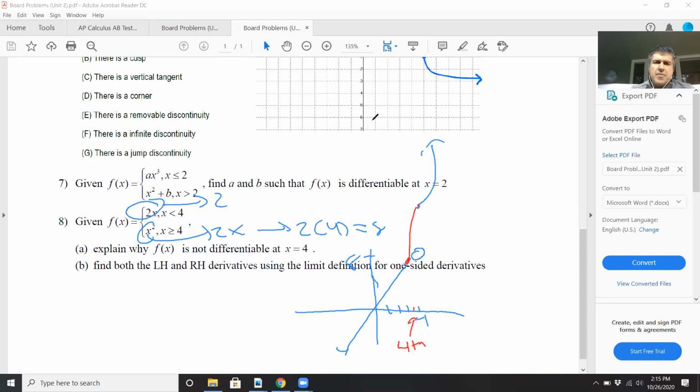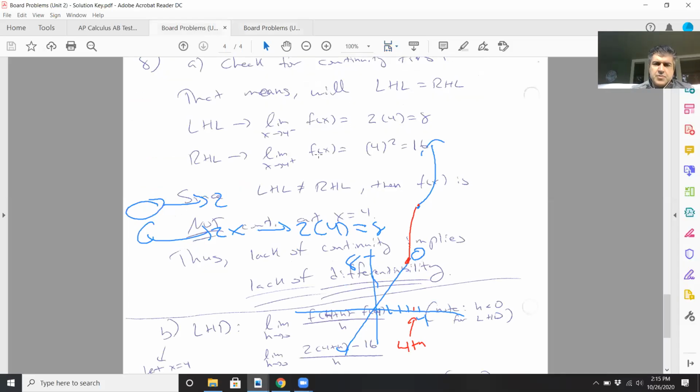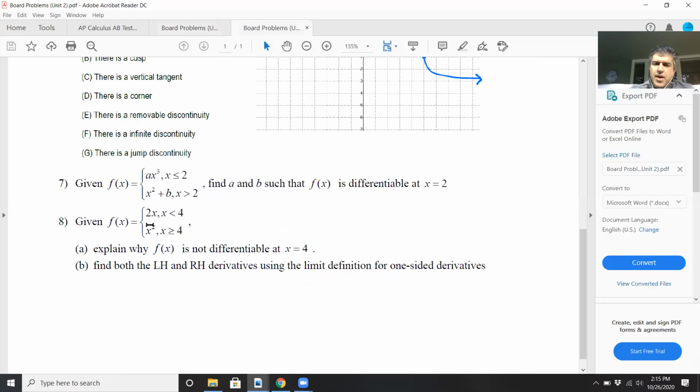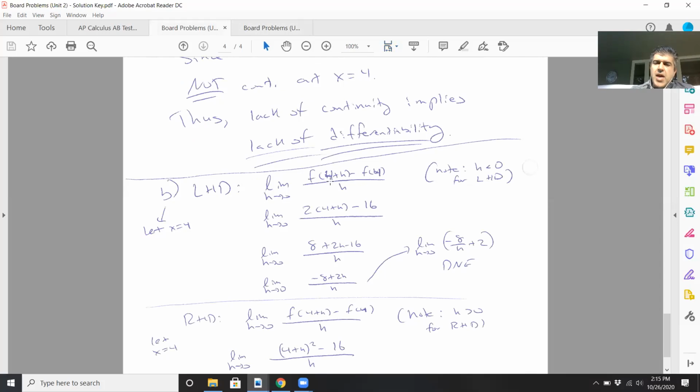We try working that out. And so if I show you the solution key, when you do f of 4, remember, x equals 4 was defined for x squared, not 2x. So you had to plug in 16 into here, just like we did over here for the right-hand derivative.